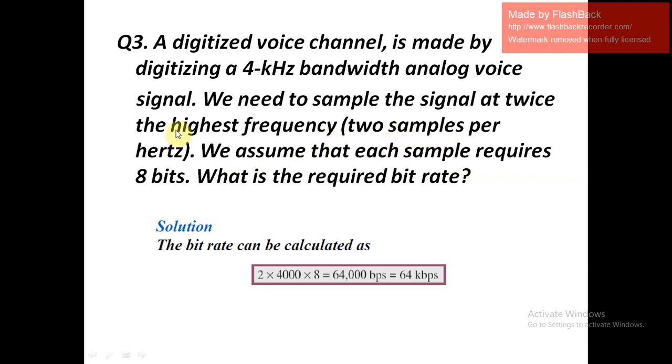So twice 4 kilohertz, that is 8 kilohertz, would be the minimum sampling rate, and each sample is going to represent 8 bits. So 8000 samples per second, and each sample contributes 8 bits. This is the number of bits per second if you convert a normal analog voice into a digitized voice stream.